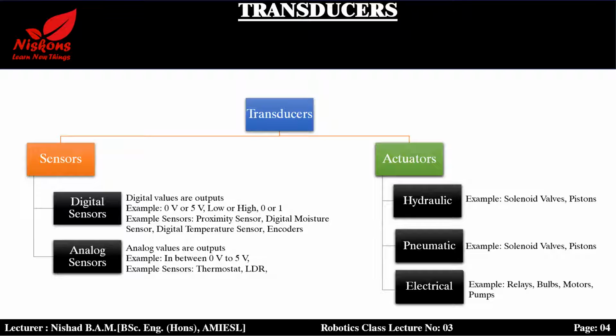That means we may feel them also. If we are sitting in a hot environment, we can sense that heat. In the same way, sensors can also sense those environmental properties. So how do we humans sense?